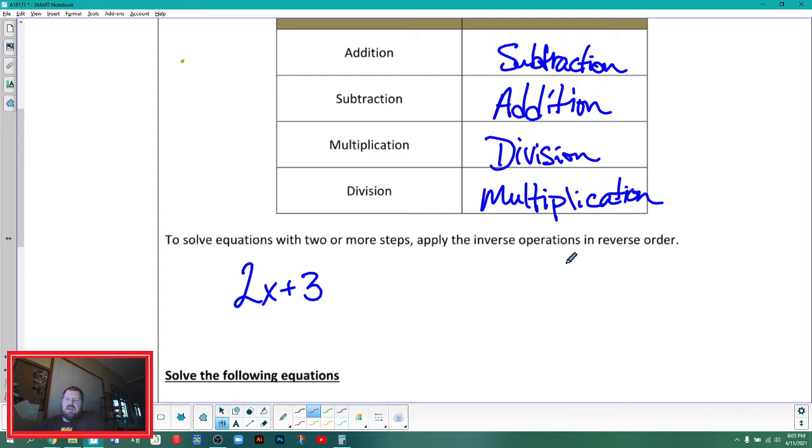And I'm going to write that in the order that I would deal with it. So what's happening to x? First it would be multiplied by 2, and then I would take that result and I would add 3.